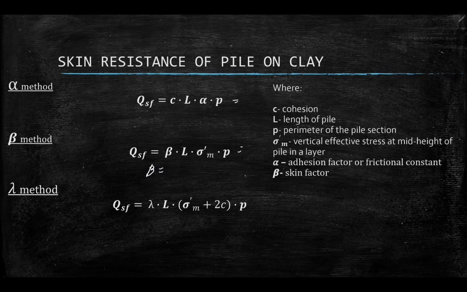Kapag normally consolidated clay siya, we have this formula: 1 minus sine phi times tangent phi. So, kapag naman overly consolidated clay tayo, simply, ito yung formula: tan phi times the square root of OCR. Okay? So, yan yung beta method for skin resistance sa pile.